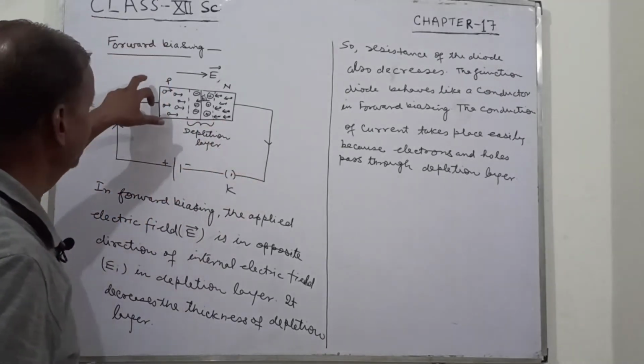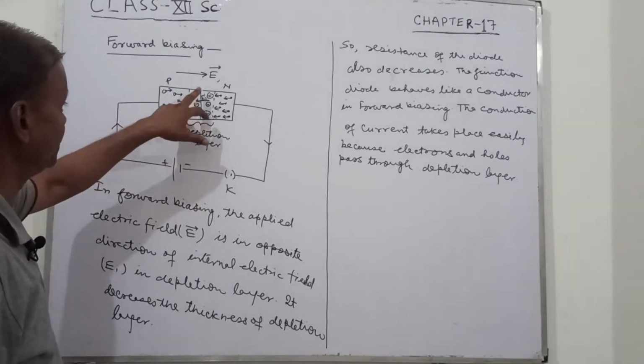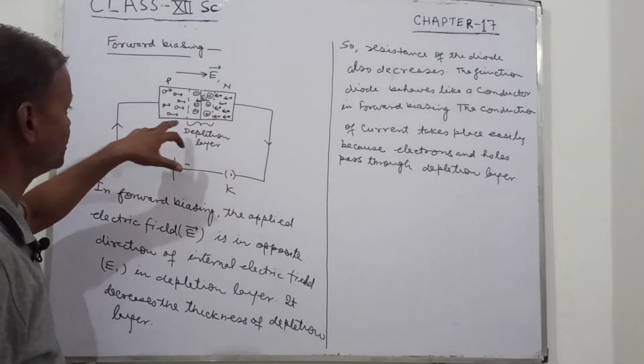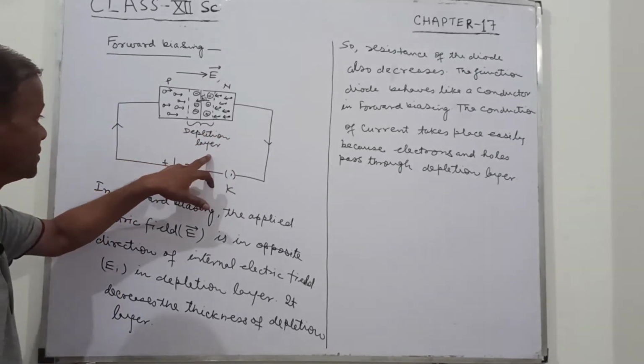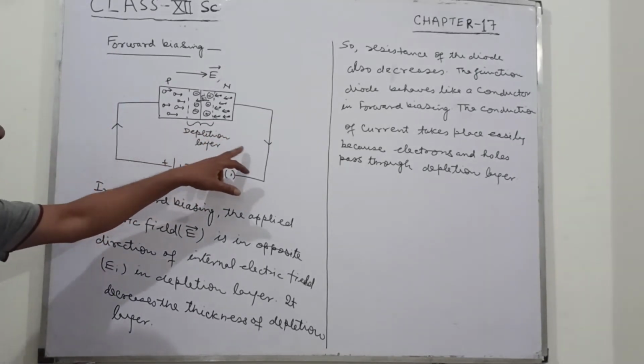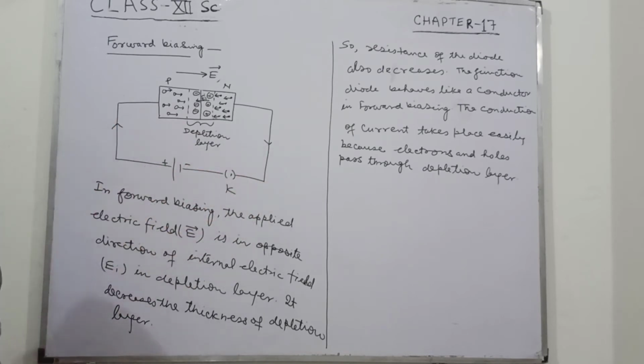Because of this applied electric field, the electrons and holes easily move across the depletion layer, and they contribute to the conduction of current.